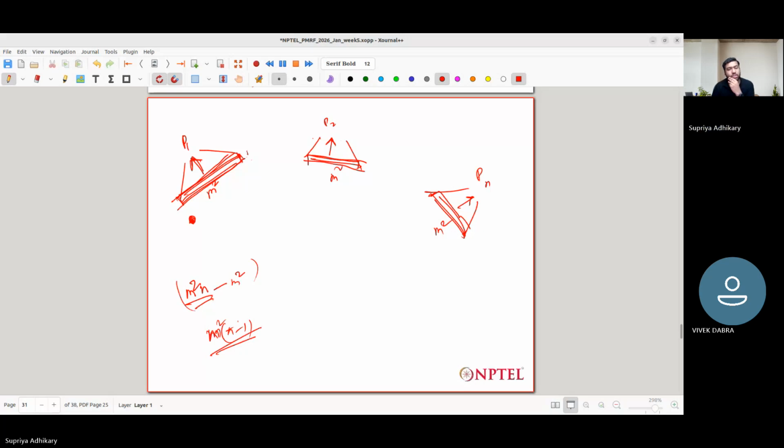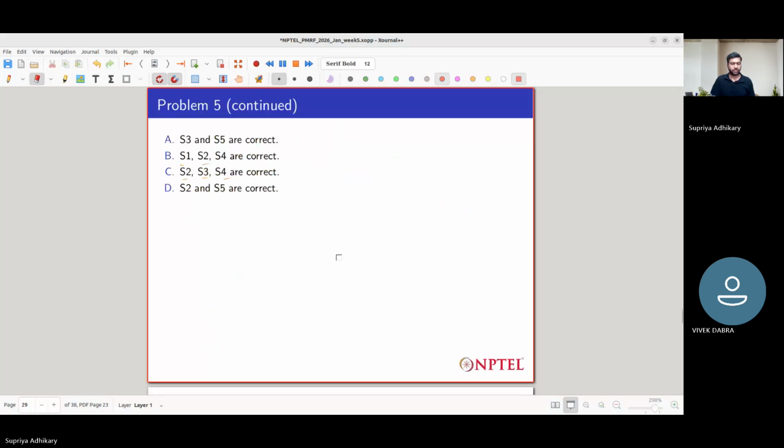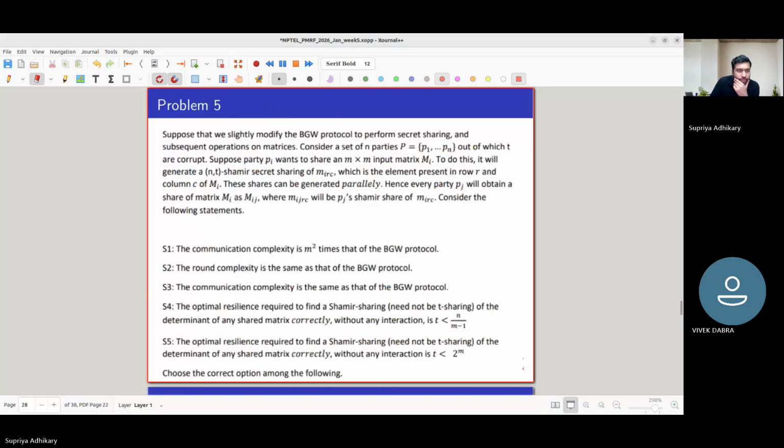Oh, no, this should not be there. No, actually, hmm, the communication complexity is M square times that of the BGW protocol.